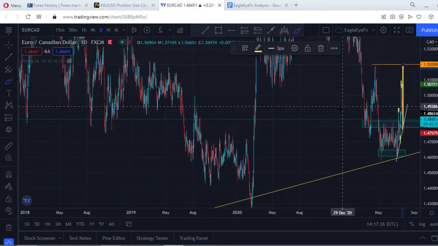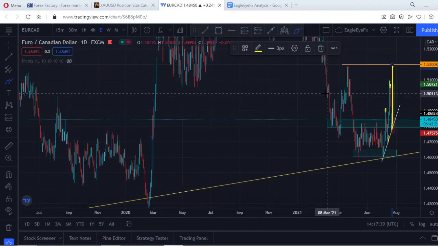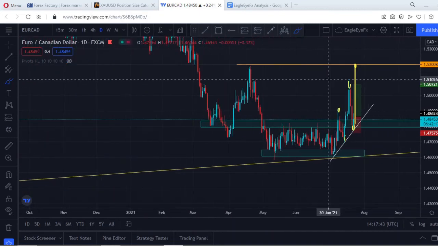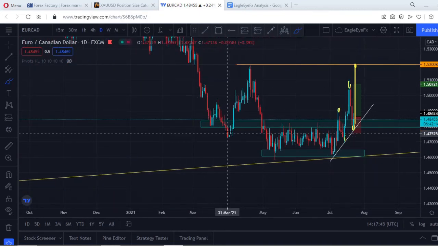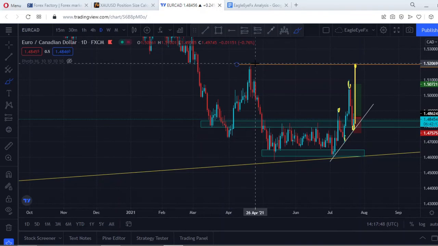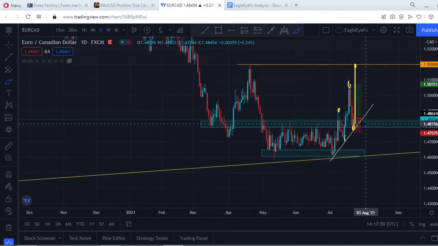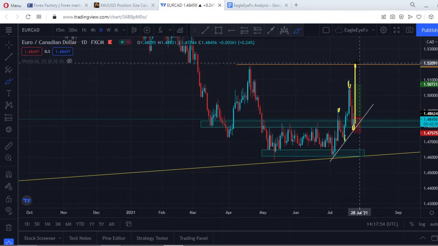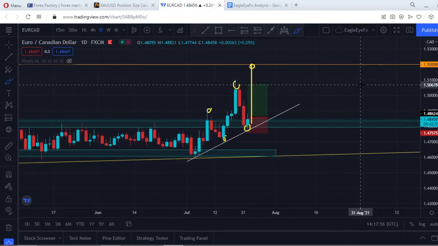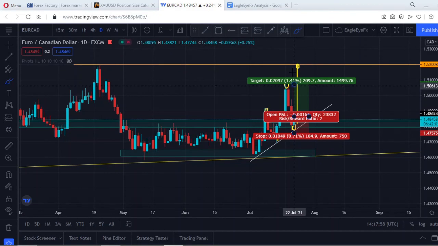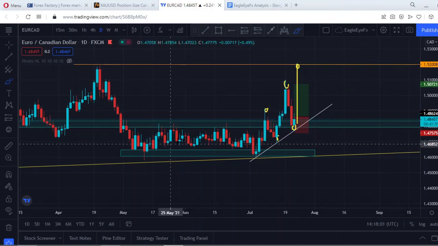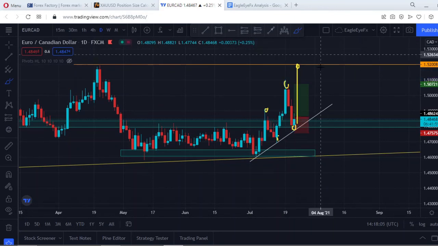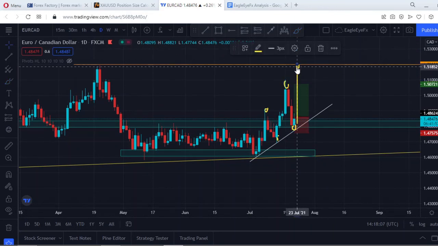You can see that it has been a level that has really been obeyed. If I go to the daily time frame, you can see that this push here came all the way here. Since it has made higher high, higher low, higher high, higher low, it might make a higher high up to this point. So I might easily adjust this to this point here, sorry, let me delete that quickly.